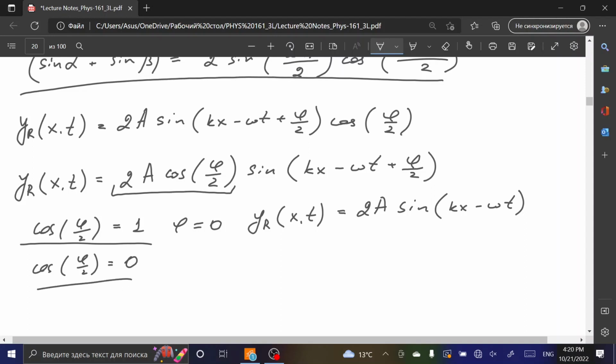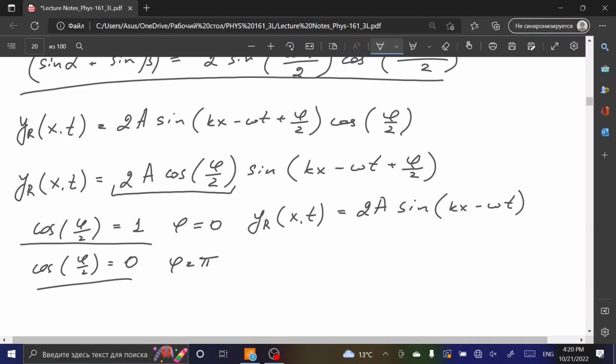So what condition will satisfy this case? Phi equals 2 pi. And that is when we have opposite phase of two identical sinusoidal waves. So they come in opposite phase, which means that the maximum of one wave corresponds to the minimum of another wave.